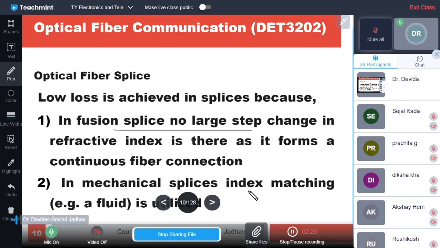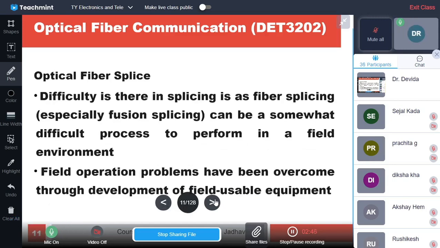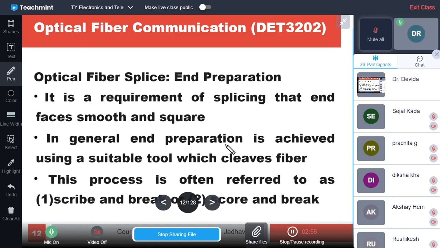And mechanical splicing, there is a gap in between the fibers, very micro gap, micrometric gap is there, but index matching fluid can be used to make it continuous so that there will not be any loss. So splicing is that way. Fusion splicing is difficult, but nowadays the field usable equipment, that is portable equipments, are available, and which are automatic and very accurate.